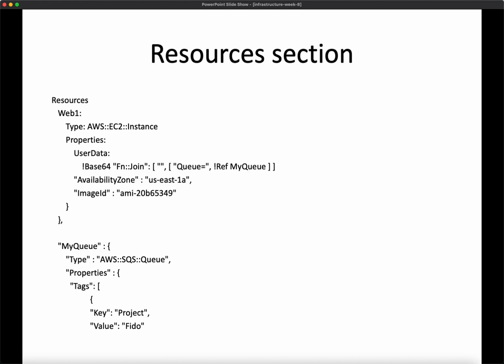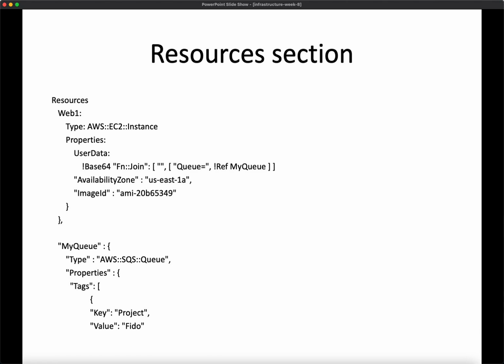Here's an example of a resources section where we are defining two different resources. One is a resource called Web1, and that resource is an EC2 instance. It's using a couple different properties, a user data property. There you can see that there's a base 64 intrinsic function being used, and it's essentially setting an environment variable sort of value.